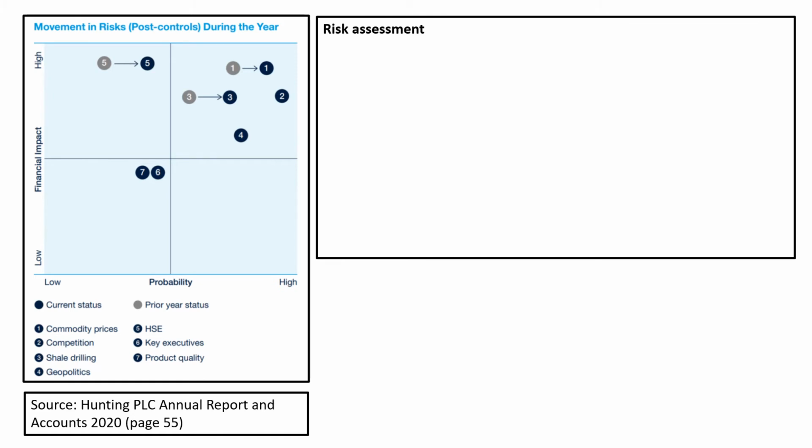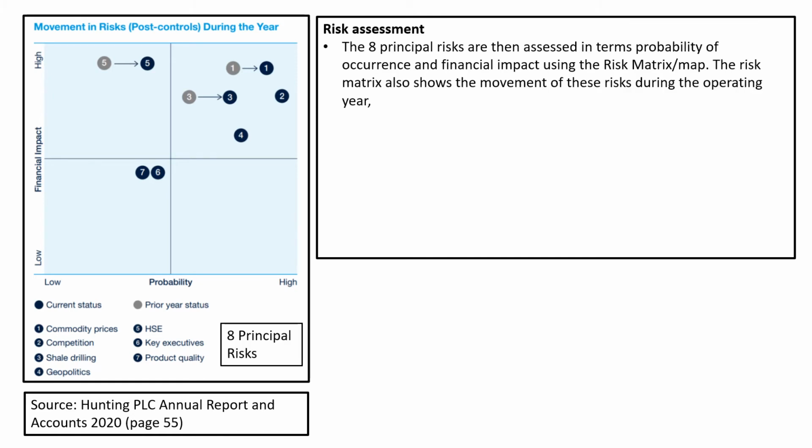In this slide, we will look at risk assessment. The 8 principal risks identified by Hunting plc are then assessed in terms of probability of occurrence and financial impact using the risk matrix or map.